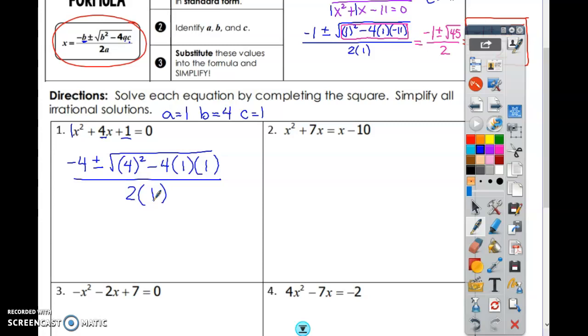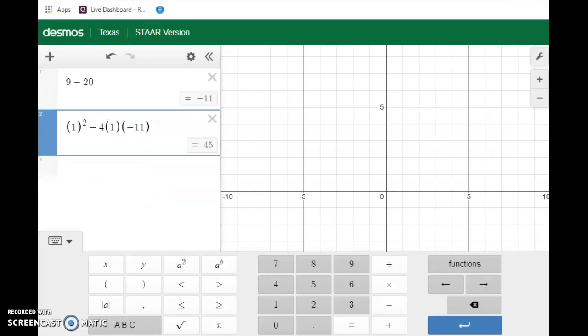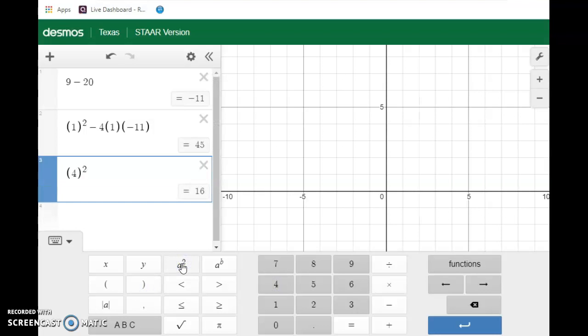What's the next step? What did I tell y'all to do? All of this needs to go in Desmos. Okay? So let's go type it. Parentheses 4, close parentheses, square, minus 4, parentheses 1, close parentheses, parentheses 1, close parentheses. Done.